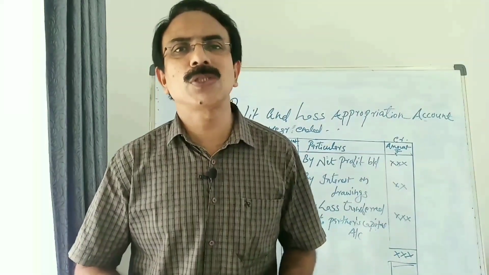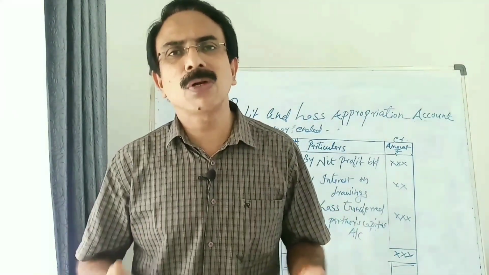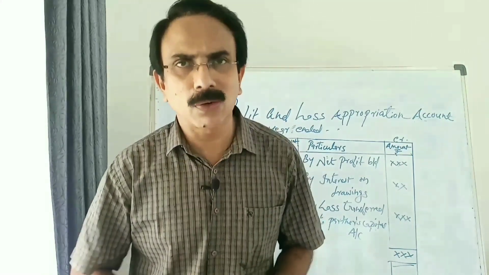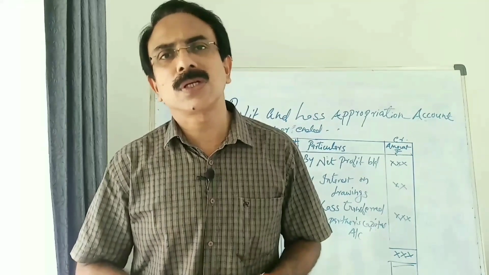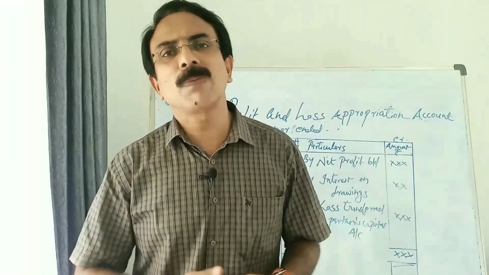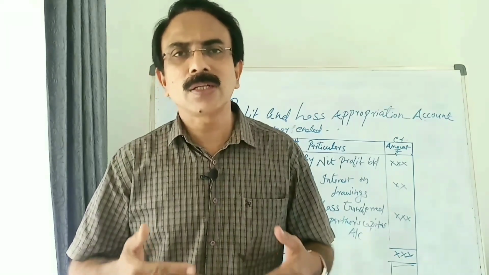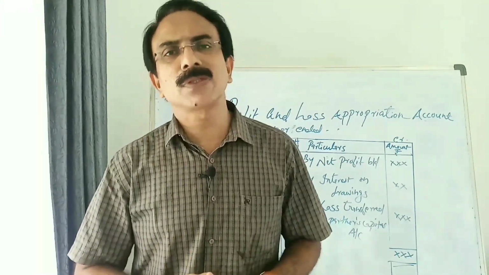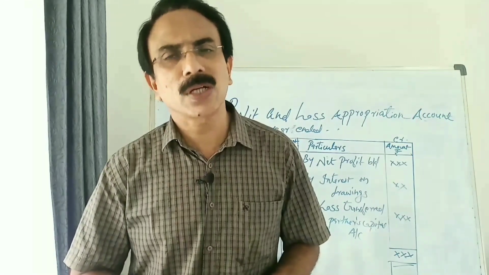Then next, profit and loss appropriation account. Profit and loss appropriation account is the extension or continuation of the profit and loss account. The entries in this account are passed giving effect to the partnership deed or the Indian Partnership Act 1932. It starts with the net profit or net loss transferred from profit and loss account.